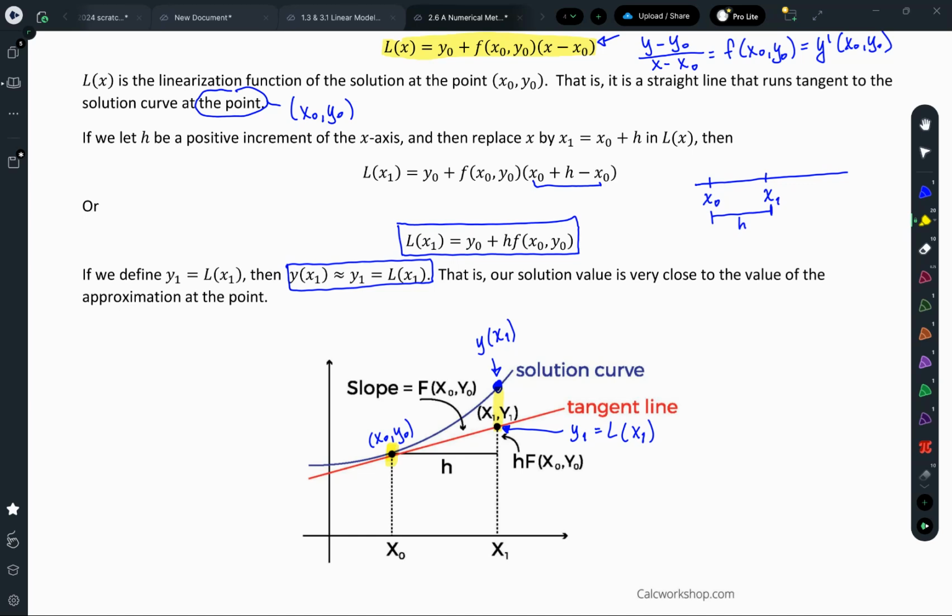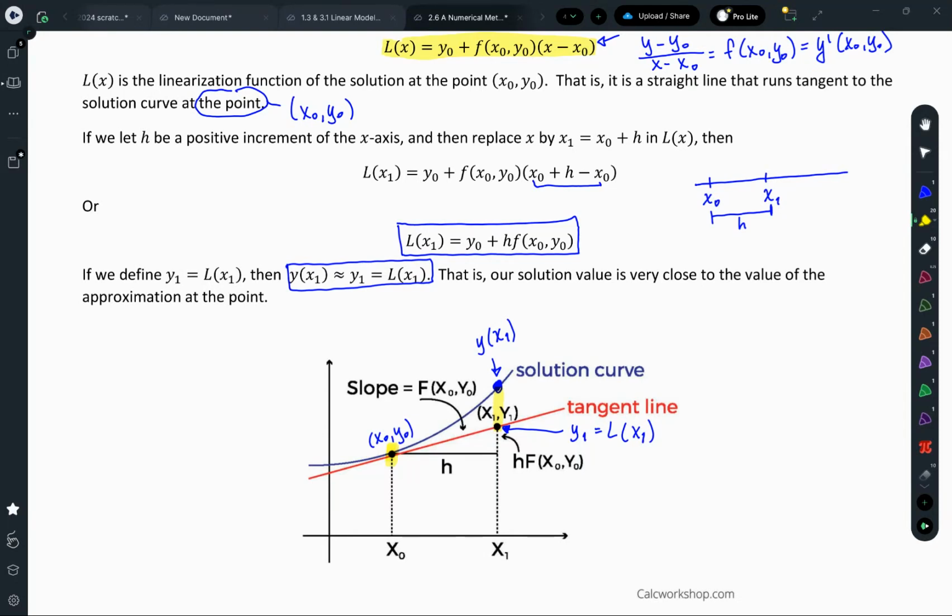Now this picture is kind of zoomed in, so I've made it look big, but technically this is zoomed in a lot, and x naught and x1 are very, very close to each other, maybe even close enough that we can't see it with the naked eye, okay?